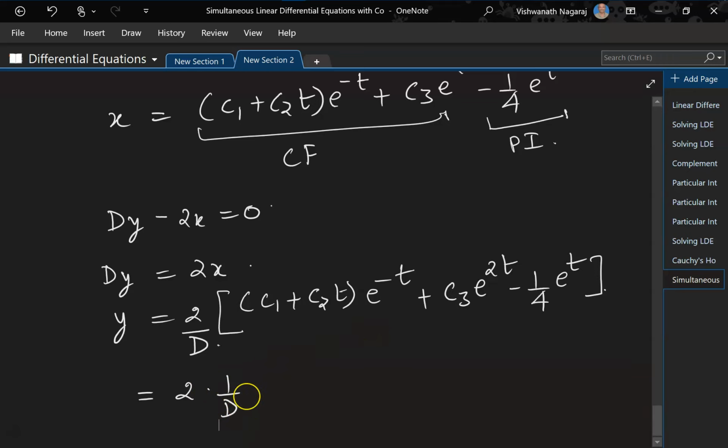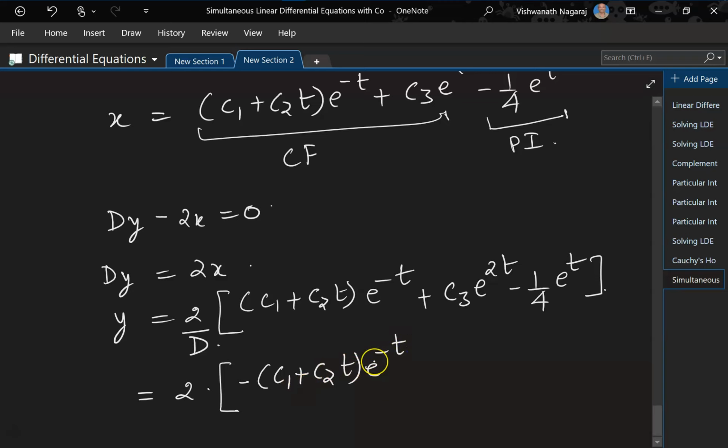So which means we can integrate. If we integrate, this d disappears. Think of it like this. Because there are 2 parts, we would have done the product rule, right? So we have to go in reverse. So minus c1 plus c2t e to the power of minus t.